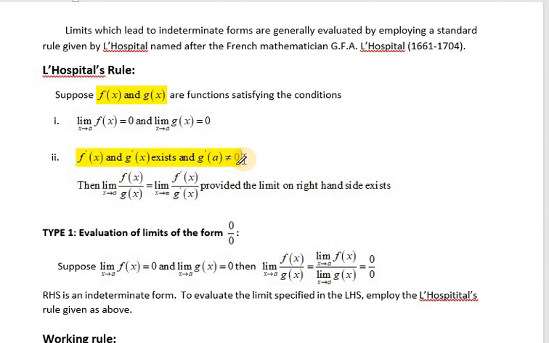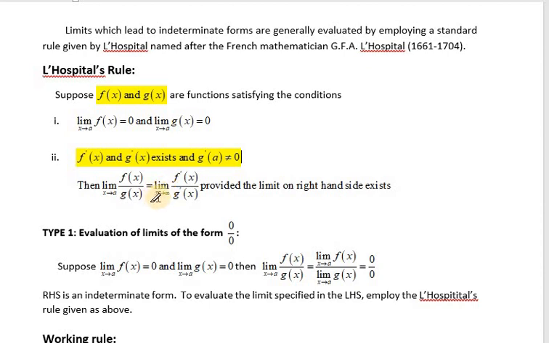That means the denominator is not equal to 0. Then the limit x tends to a, f of x by g of x is equal to limit x tends to a of f dash of x by g dash of x. This is the L'Hopital's rule to find the limit of indeterminate forms.